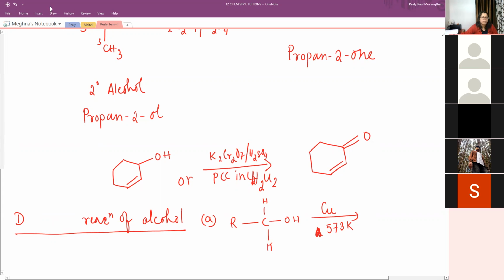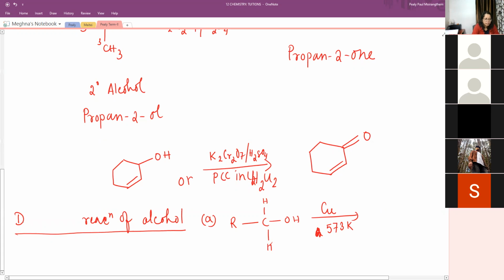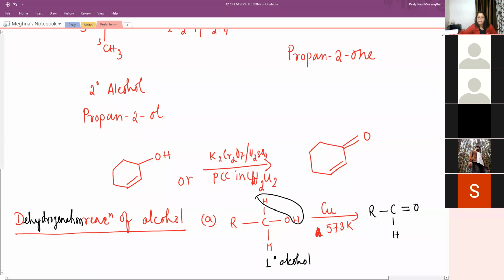Dehydrogenation reactions of alcohol. Dehydrogenation means, obviously you could make out, 1 degree alcohol. Obviously the product is done.